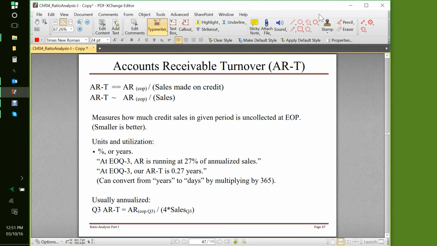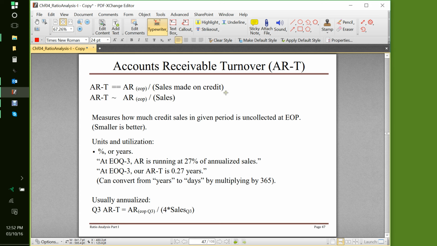Okay, so next up is our accounts receivable turnover. Accounts receivable turnover ratio is defined to be accounts receivable measured at the end of a period divided by sales made on credit.